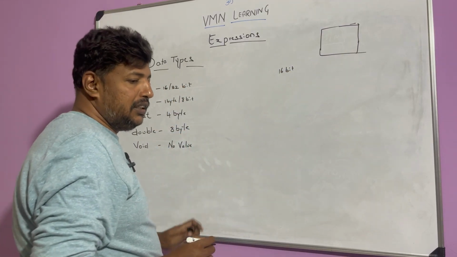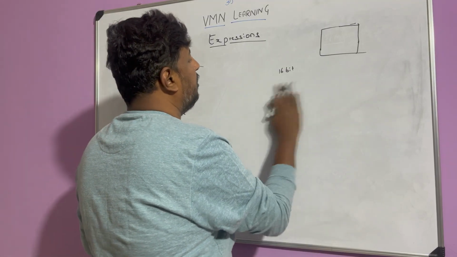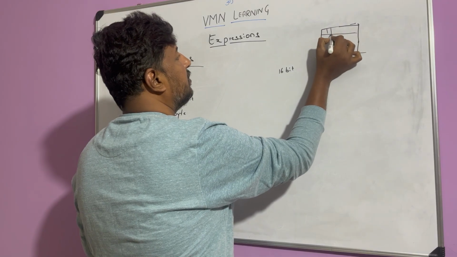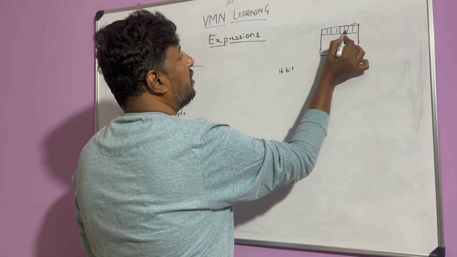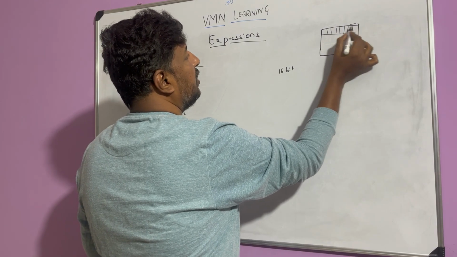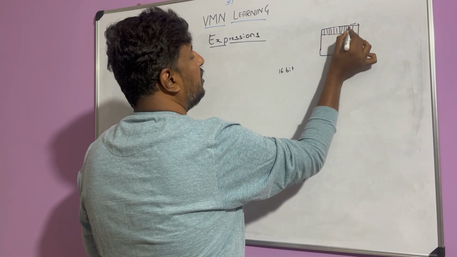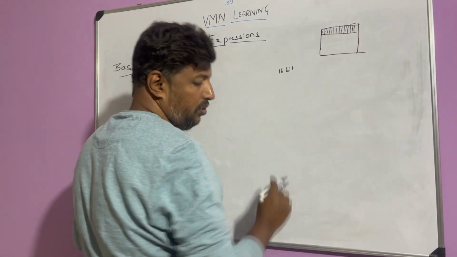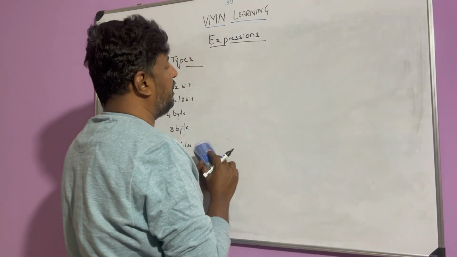In a 16-bit system, the memory will be 16 bits in columns like this, where zeros and ones will be stored.